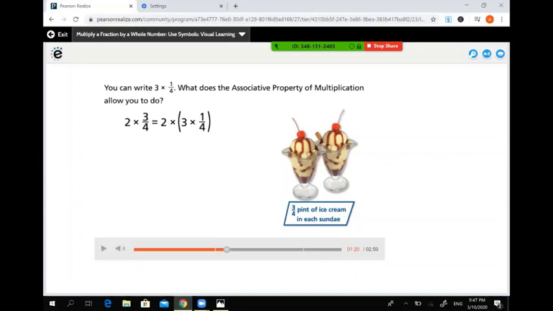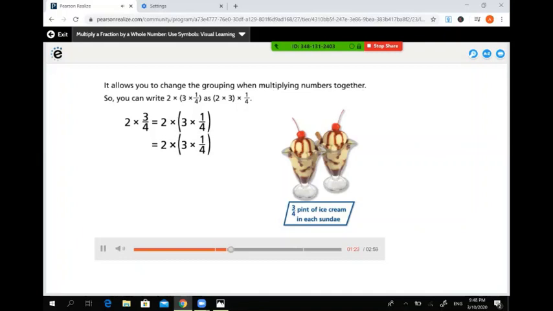So just changing the grouping of numbers. It allows you to change the grouping when multiplying numbers together. So you can write 2 times open parenthesis 3 times 1/4 close parenthesis as open parenthesis 2 times 3 close parenthesis times 1/4.